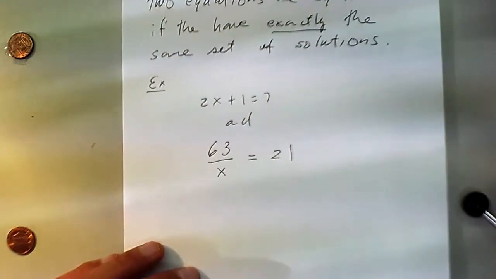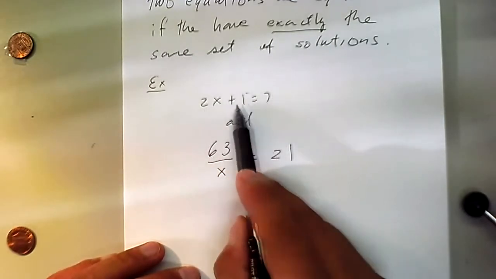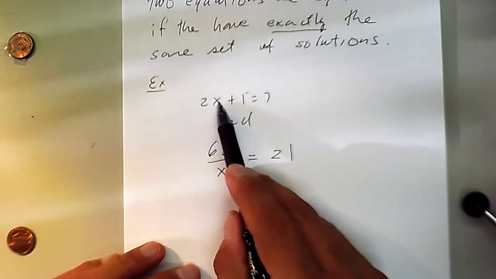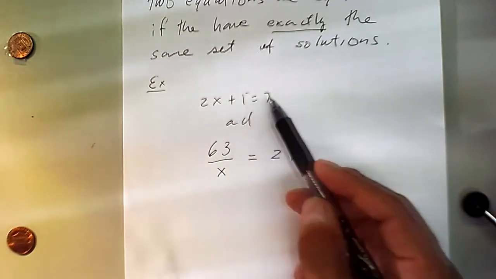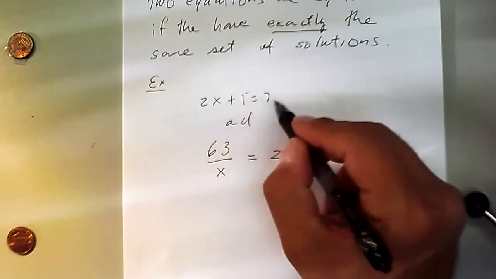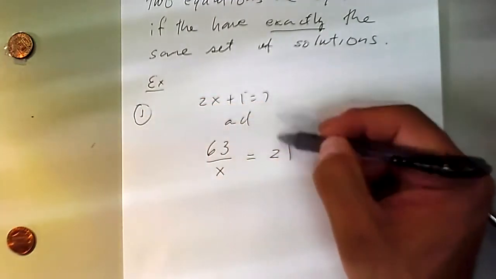There we go. Those two equations are equivalent. Why? Because the only number, and I'm not going to demonstrate that here, I'm just going to state it as a matter of fact, but I should demonstrate it, but that's not the point I want to make. I want to make the point that those two are equivalent.